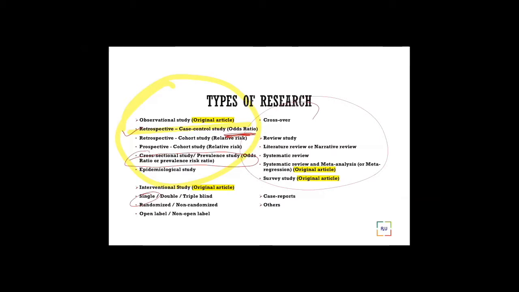Similarly, some studies are open label and some are non-open label. Non-open label means I will not tell the patient whether they are getting the medicine or a placebo without a label, whereas open label means I tell you the medicine I'm giving you, XYZ. Take the current scenario, COVID. I cannot enroll patients in a non-open label trial.